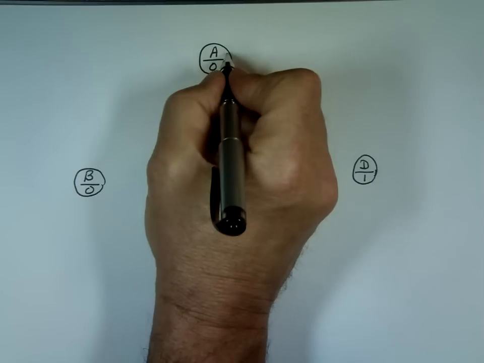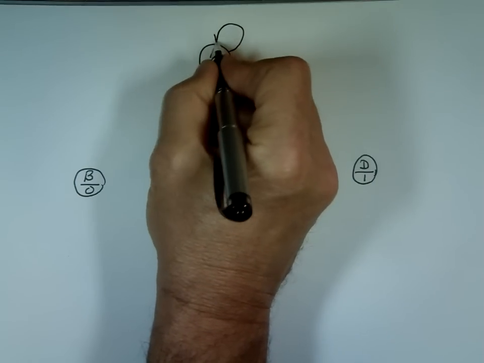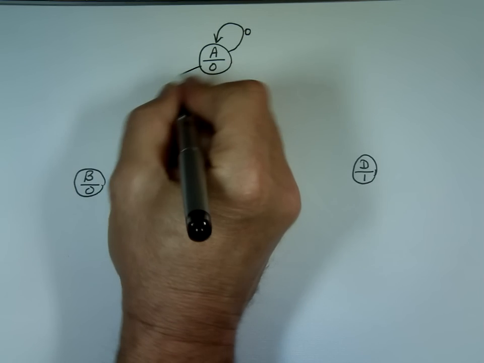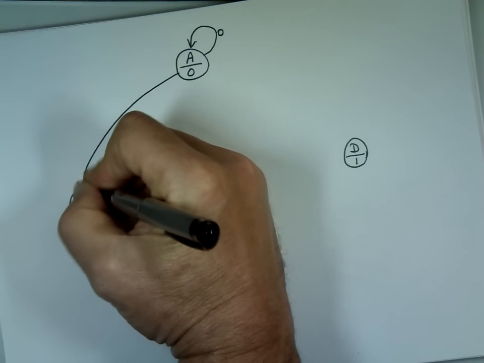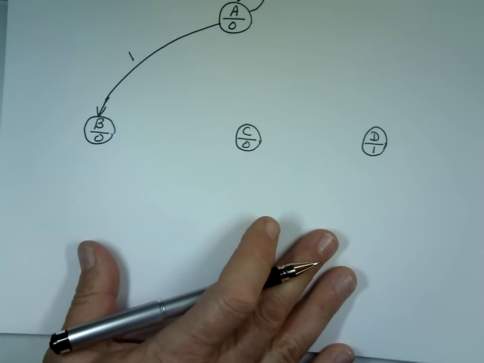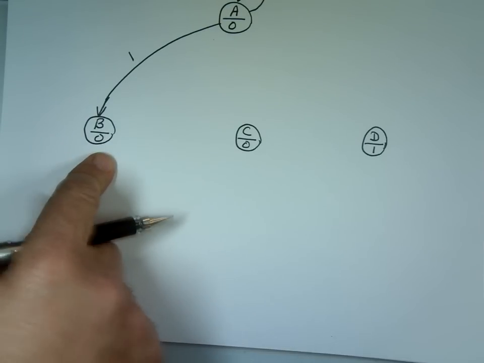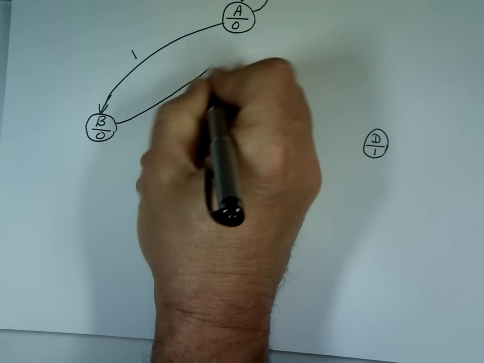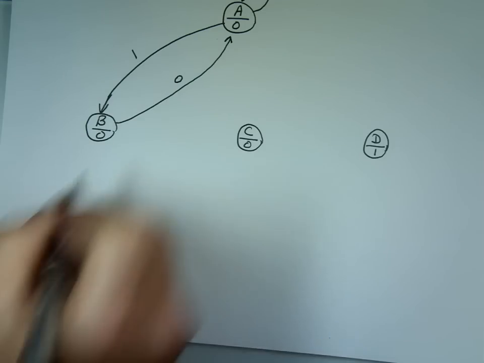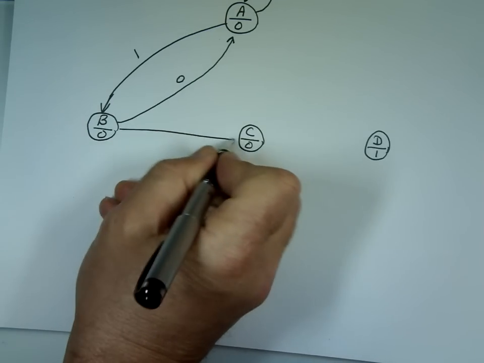If your input is 0, you stay right there. If your input is 1, you go right here. If you are in state B, and if you put a 0, you go right there. If you put a 1, you go to this one.